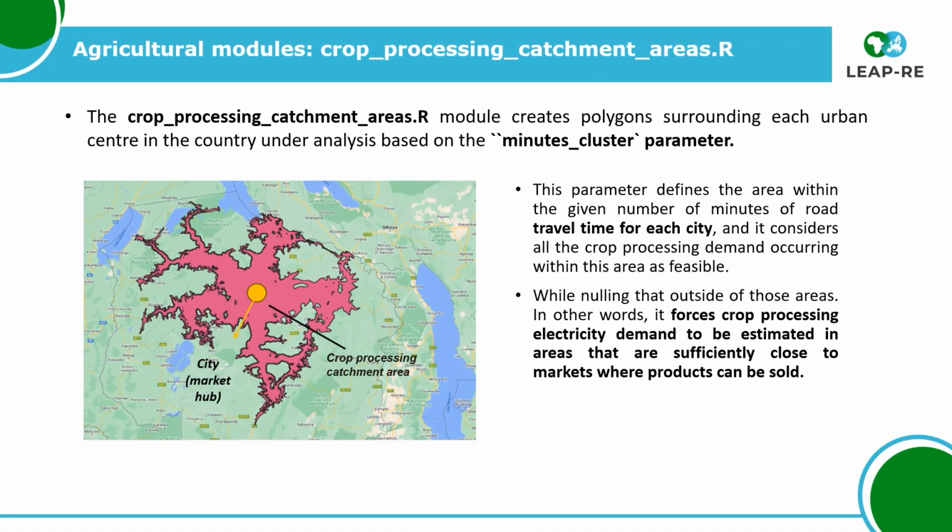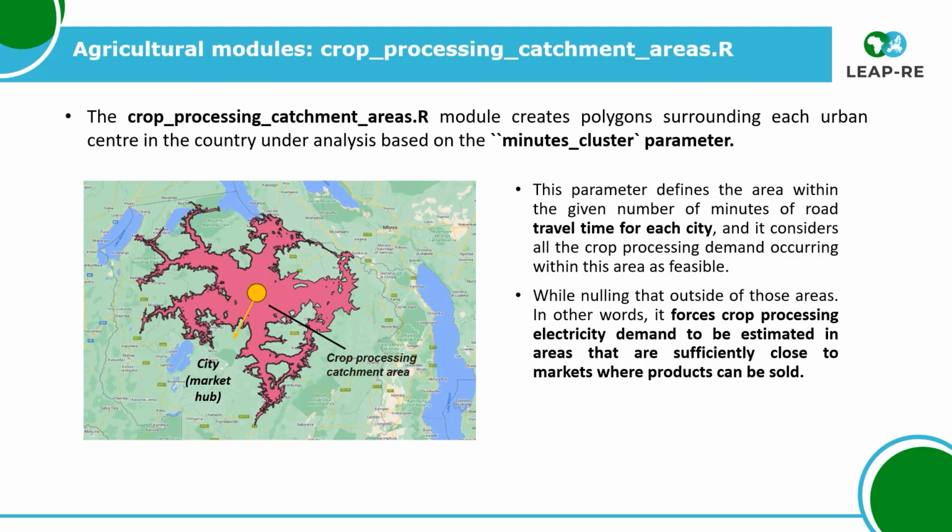Finally, the crop processing catchment areas is a module that basically assesses how far is a given agricultural production site from the nearest or most accessible city market hub, so a location where the crop production can be brought and sold. There is a parameter, the minutes cluster parameter, that can be tweaked, and basically it defines the extent.